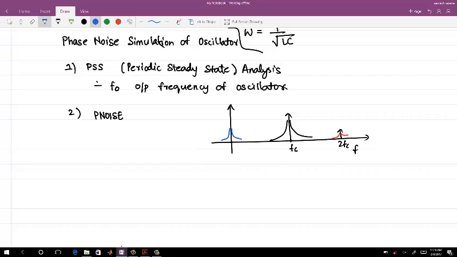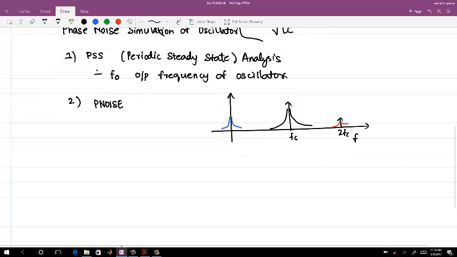So I'll just give you, this is for the PSS, this is nothing related to PLL. So let's say I am having a MOS switch, okay, and I'm having a capacitor, and there is a certain clock phi which is sampling it. Okay, so the phi is something like this, and this is V in and V out.